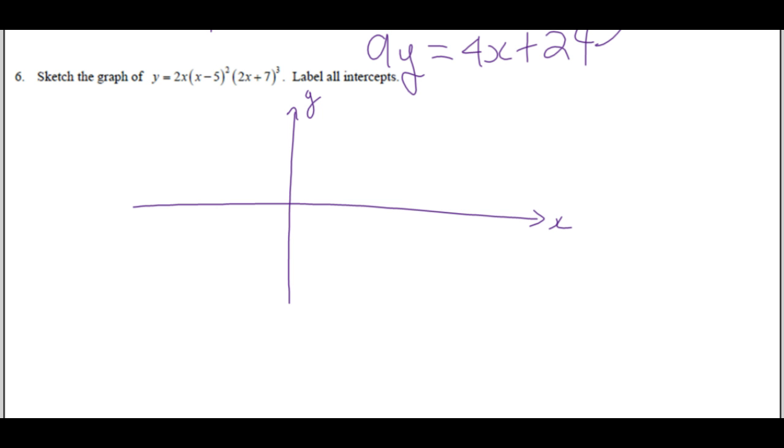All right, can we do x-intercepts? What are the x-intercepts? 5. Okay, there's an x-intercept at 5. Negative 7 over 2. Maybe you should scale things first. 1, 2, 3.